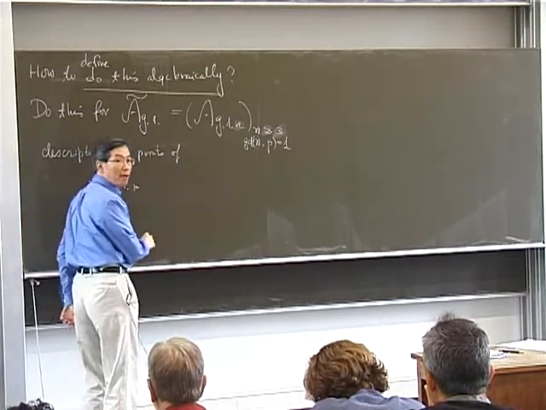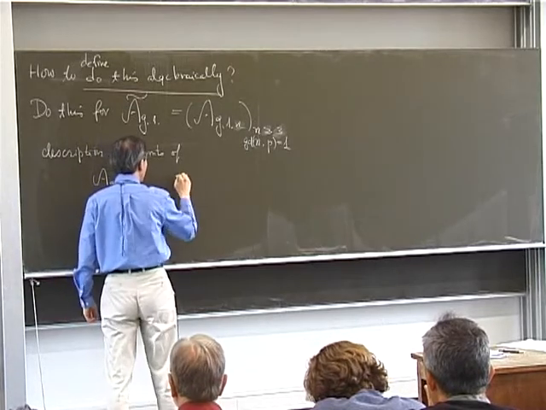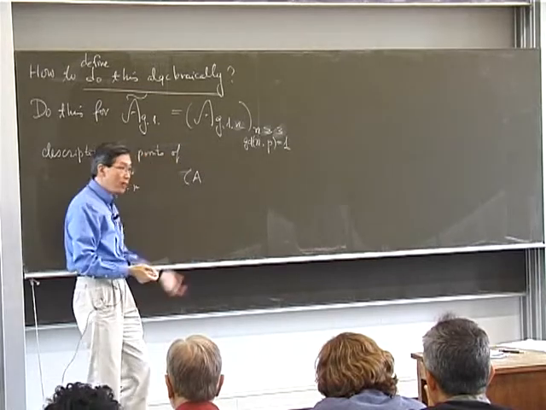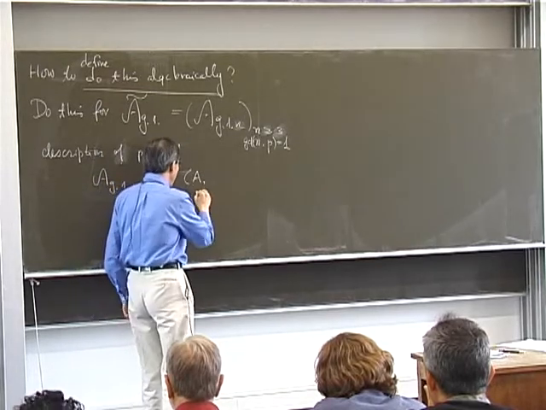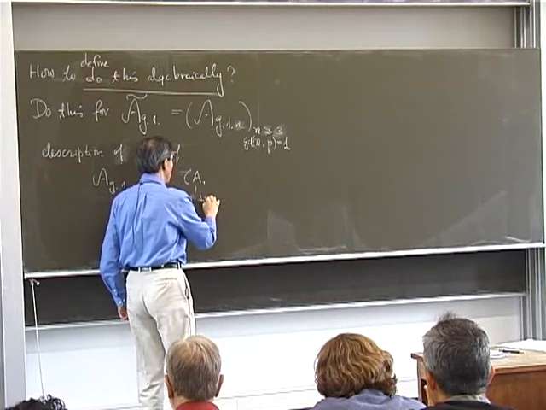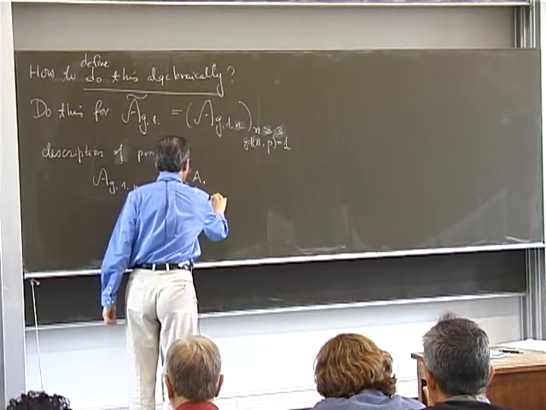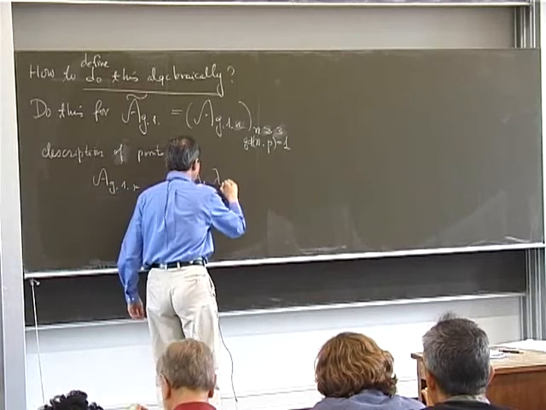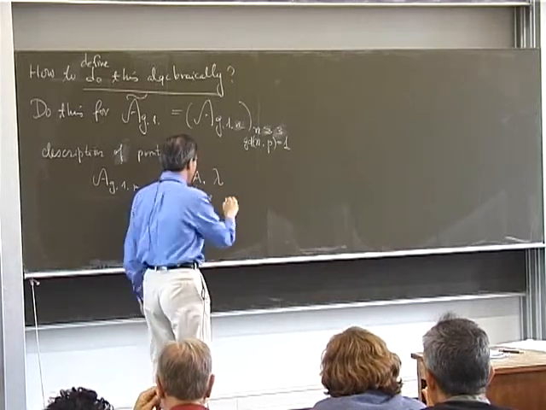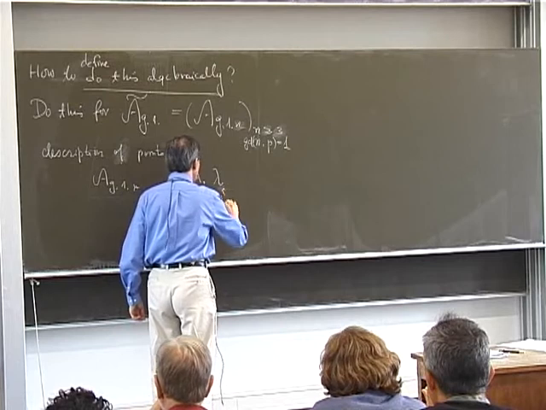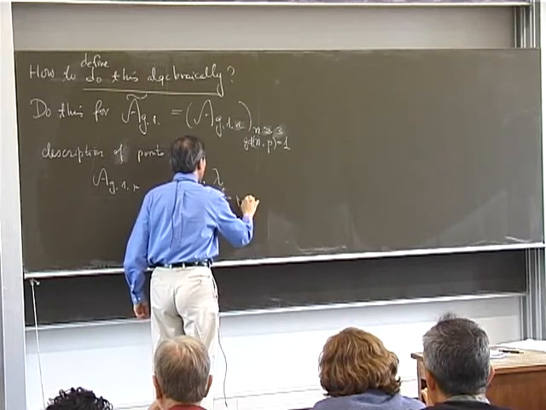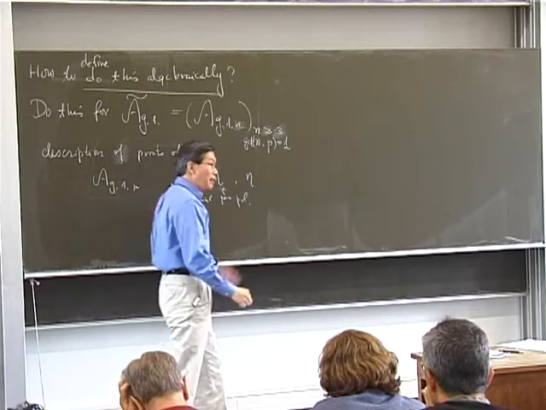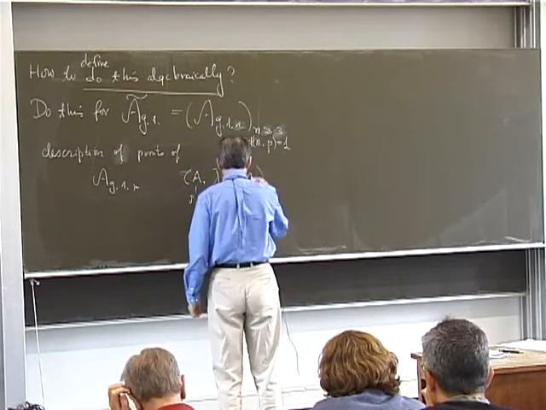A point of AG1n corresponds to, the way you typically get a point is that you have a g-dimensional principally polarized abelian variety. I have a principal polarization. And I have eta. Eta is a level n structure.